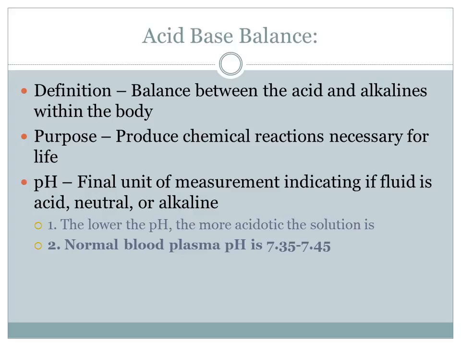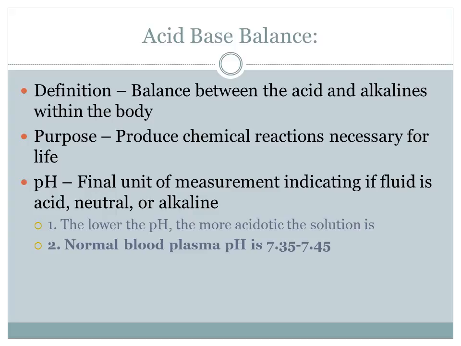Acidosis, again, will be a decrease in the pH, and alkalosis is an increase in the pH. Both extracellular and intracellular fluids contain systems to buffer or maintain the proper acid-base balance. The carbonic acid sodium bicarbonate system is the most important buffer system in the extracellular compartment.